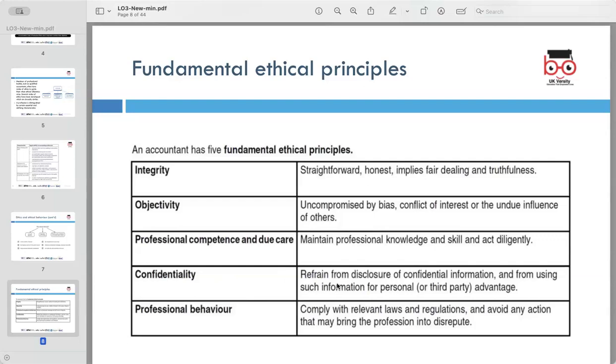Professional behavior lastly entails compliance with relevant laws and regulations to uphold the integrity of the profession and avoid actions detrimental to its reputation.